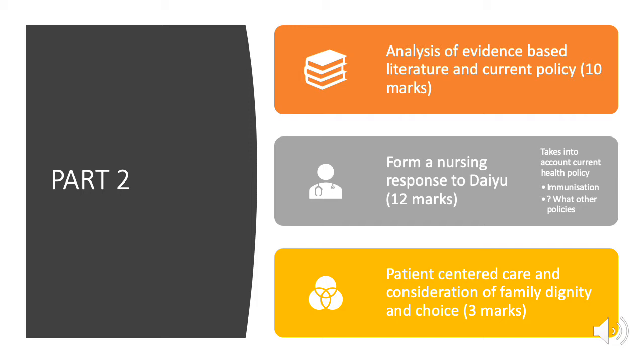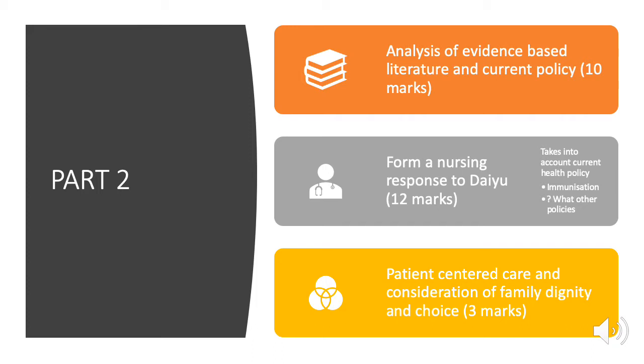You need to analyse evidence-based literature and current policy relating to what we're asking you to do. And from your analysis of that data, you need to come up with a nursing response to Dayu that takes into account that current health policy, and you will reference that in your nursing response. This is worth 12 marks, so it's quite significant.